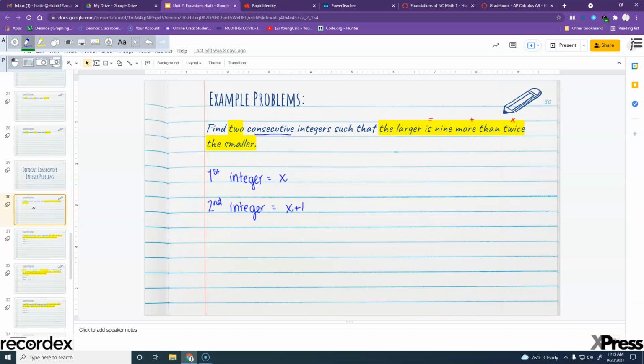So, it says the larger is that the first or the second integer? Second. That's the second one, right? So the larger one, that's x plus 1. I'm going to put some parentheses around it, just in case I need those. Is tells me to put equal sign. 9 tells me to write a 9, right?